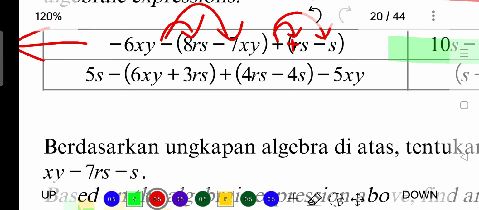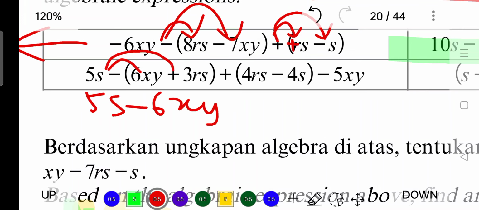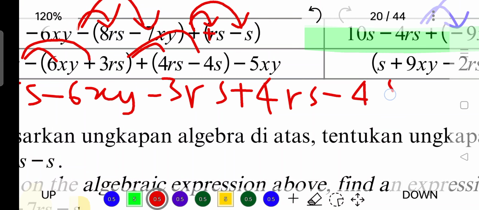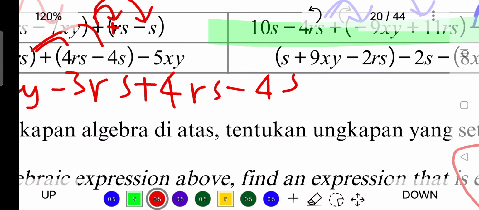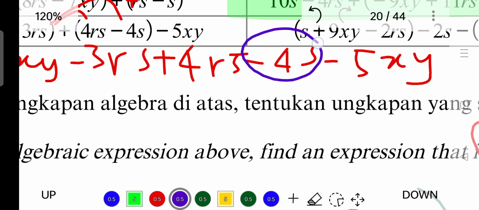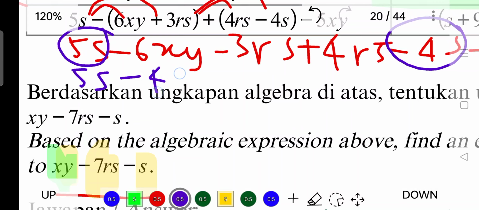Okay, it's a little bit lengthy. 5s minus 6xy times n minus 3rs times n plus 4rs times n minus 4s and minus 5xy. So let's bring all of the family members together, which is 5s and minus 4s.